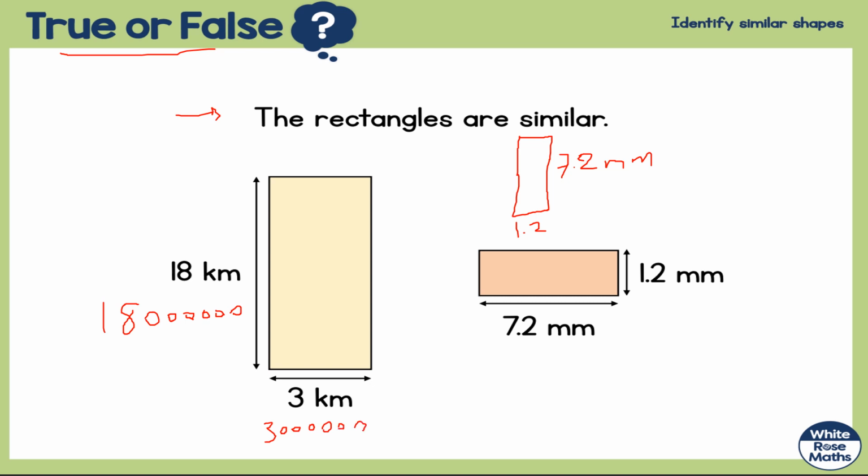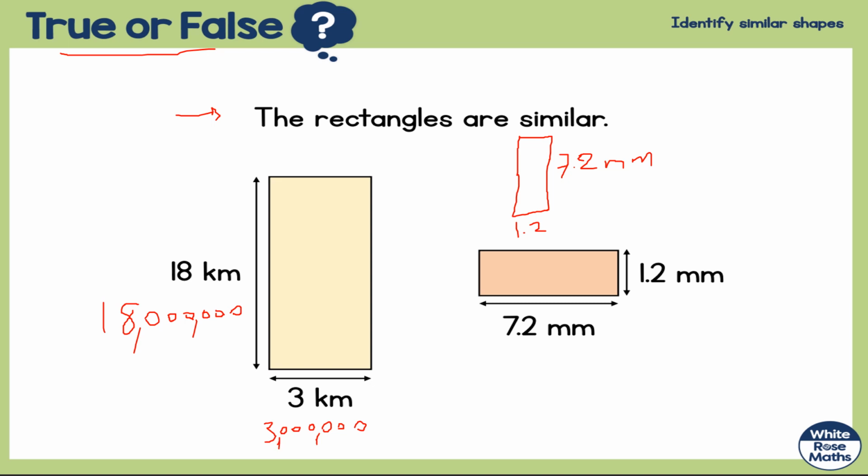So it's actually 3 million and 18 million. Put a comma here, and then put a comma after every 3 digits. So it's 3 million. Now it's in the same units.